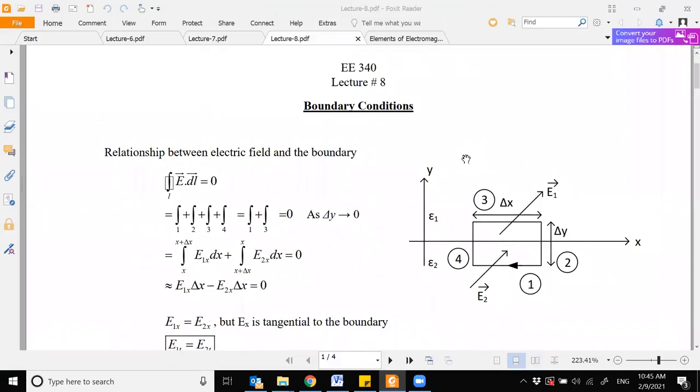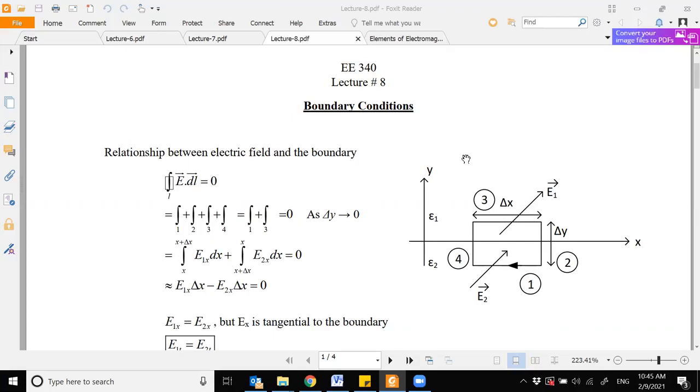Here our main objective is to find out what happens if my electric field is in free space, and suppose all of a sudden the free space finishes and another medium starts. The other medium can be plastic, a conductor, wood, or some other material. How would the electric field behave?